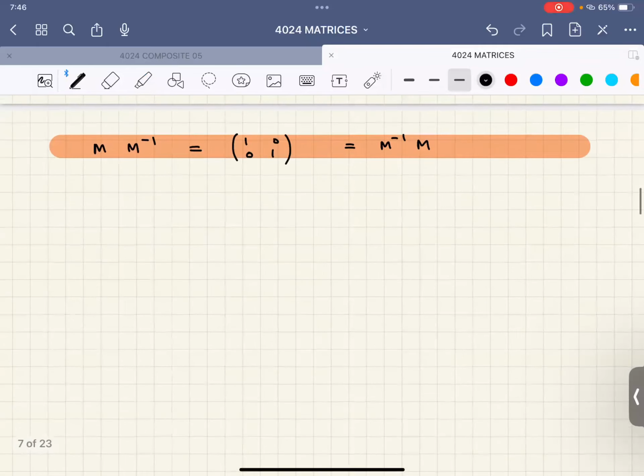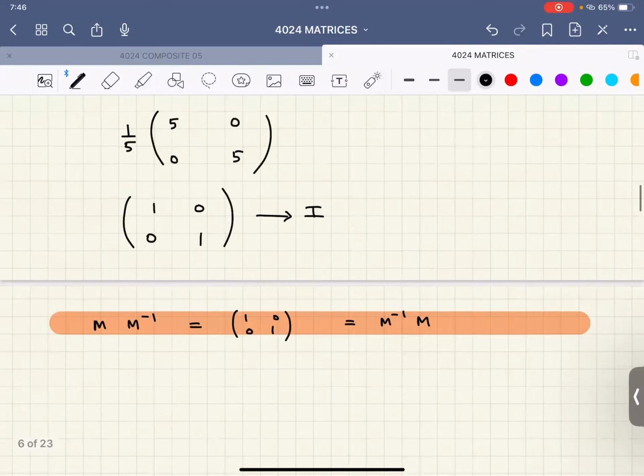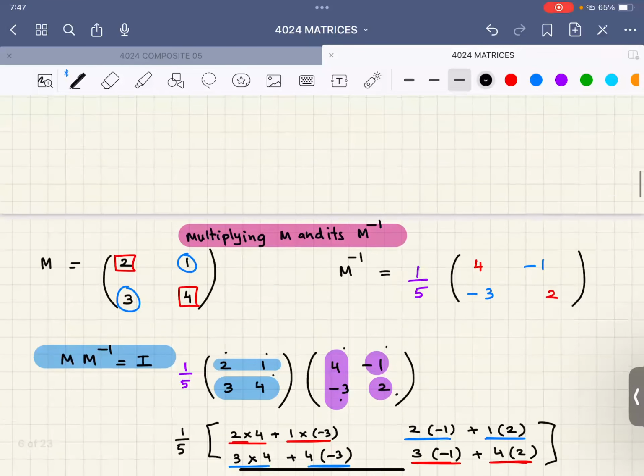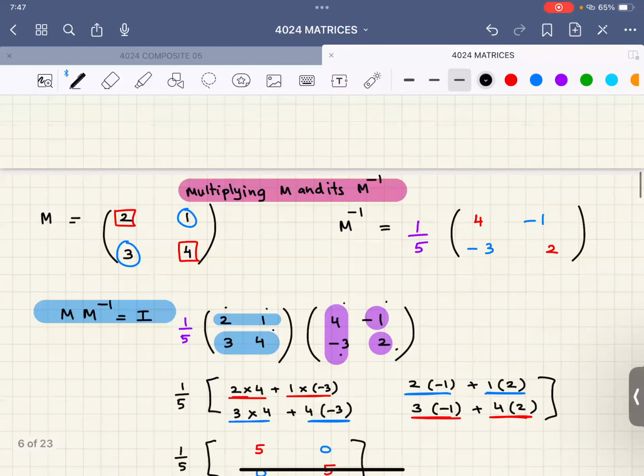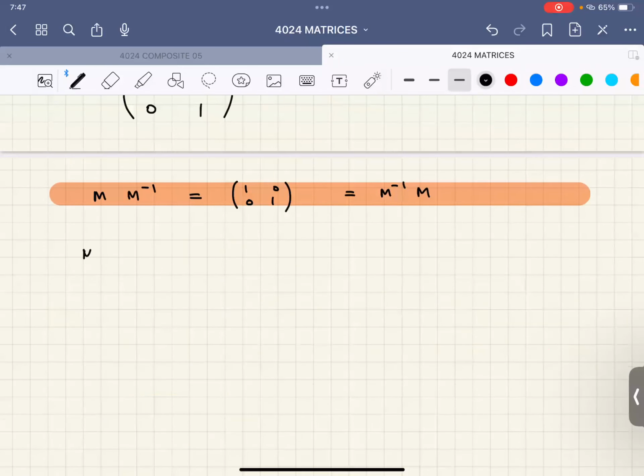Now, let's say I take a matrix. Let me take the same matrix, which is M and M inverse. M is 2, 1, 3, and 4. M inverse is 1/5. 2 and 4 change places, and these two change sign.